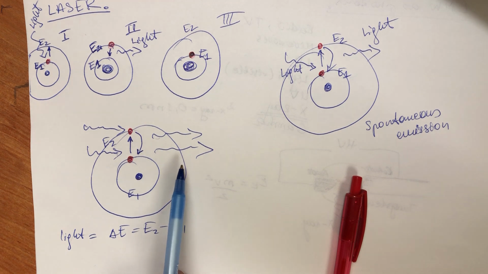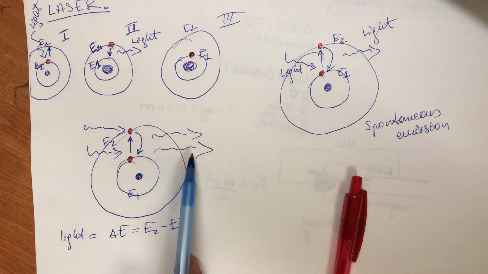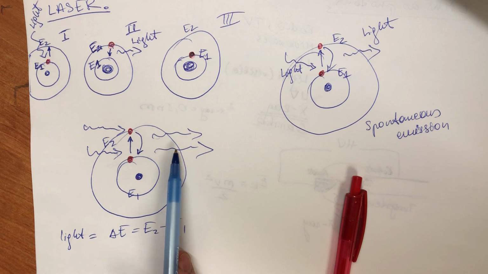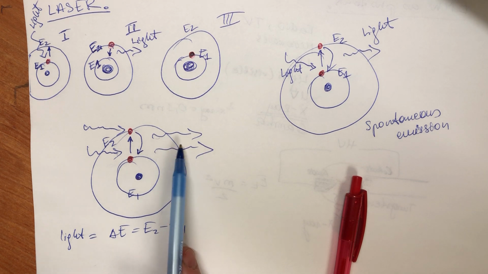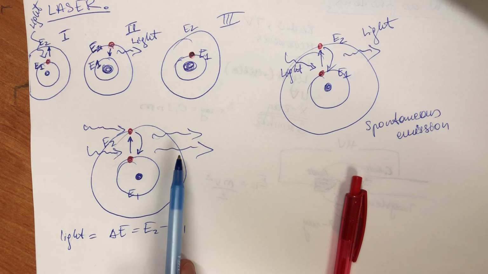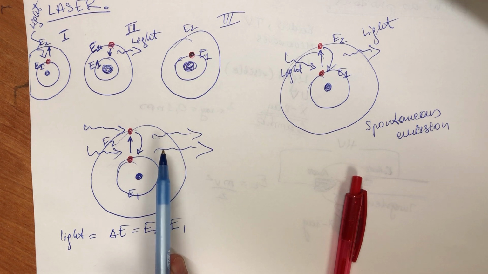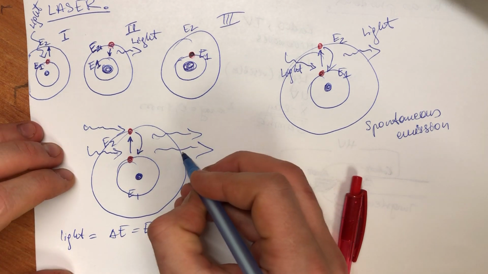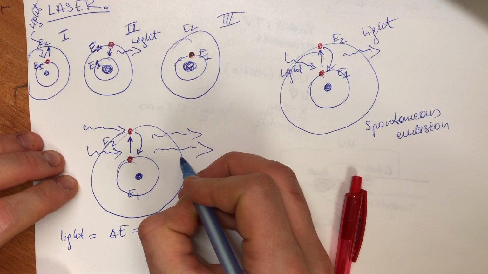And if it emits these photons like this, they have the same color, they are identically the same, they are polarized, and they have the same color, so it means that they are coherent.